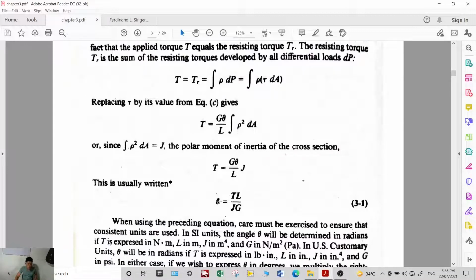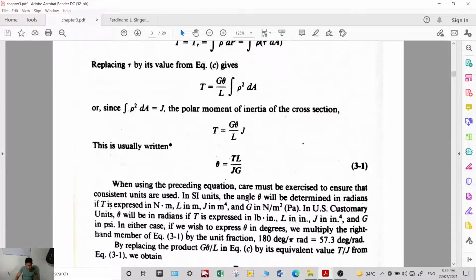The deformation angle is just TL over JG. T is torque, L is the length, J is the polar moment of inertia, and G is the modulus of rigidity. Now, the unit of polar moment of inertia is length raised to the fourth.